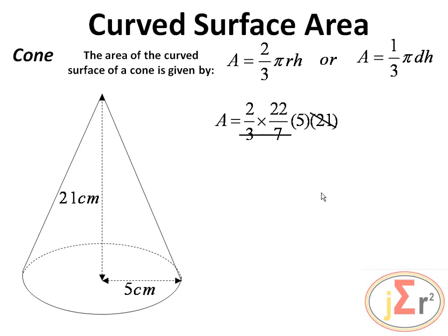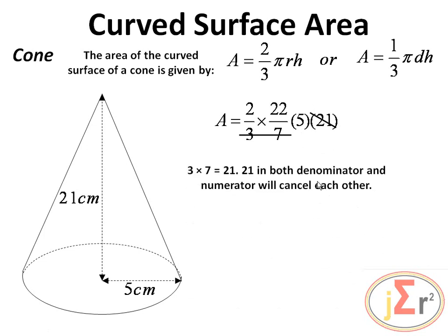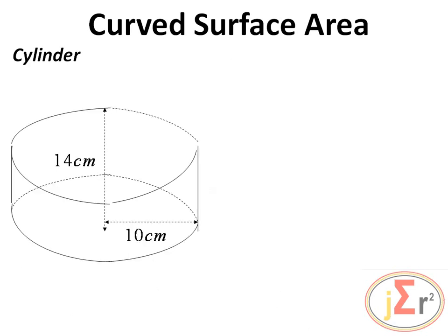And of course, that is easy. 3 7s 21, and 21 into 21 will cancel each other very nicely. And we have area is equal to 2 times 22 times 5. So 220 centimeters squared, and that is the area of the curved surface of the cone.